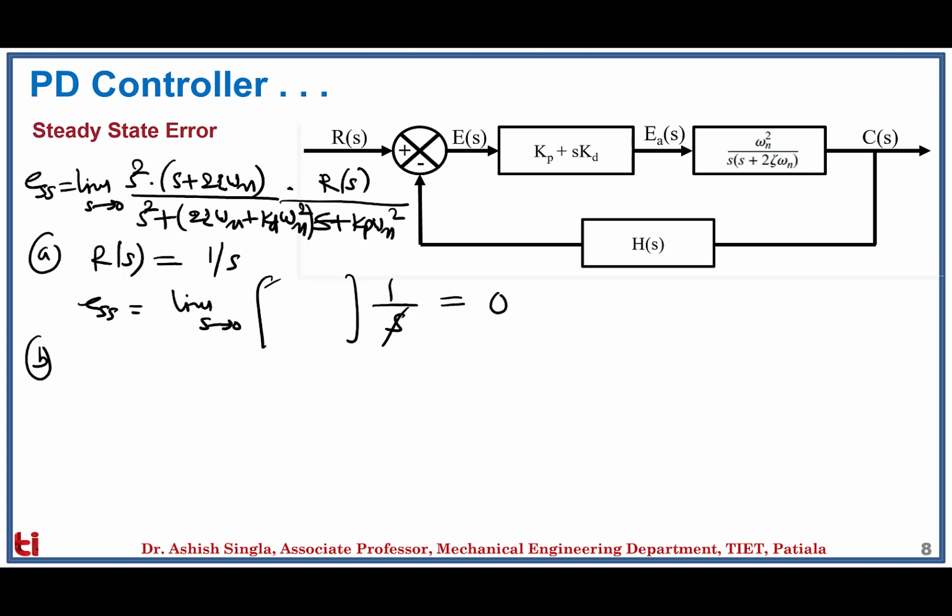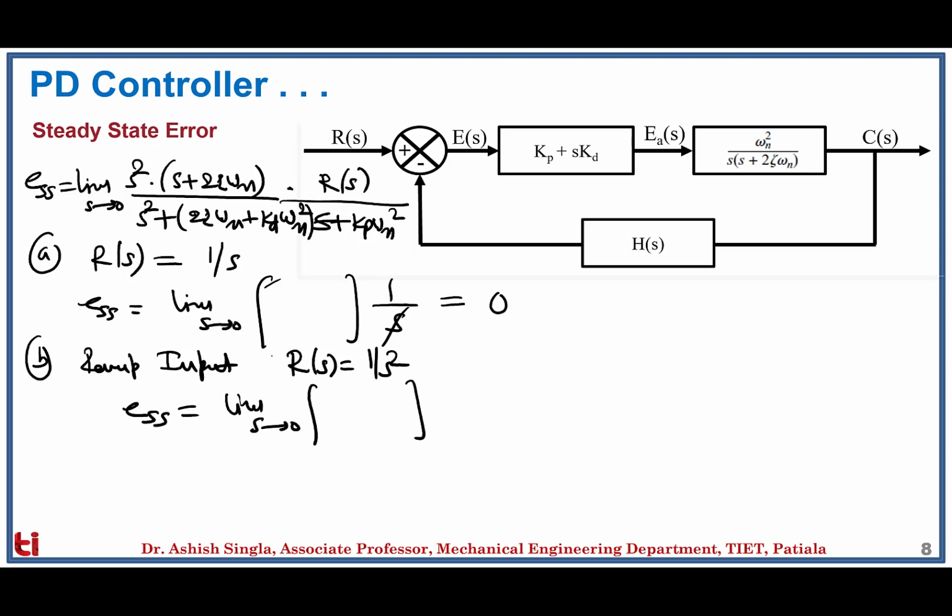The next input is the ramp input, where R(s) is equal to 1 by s square, which leads to the steady state error as limit s goes to 0 of this whole expression into 1 by s square. So 1 by s square will cancel out the two s terms in the numerator, which will give us the value as 2 zeta omega n upon kp omega n square.